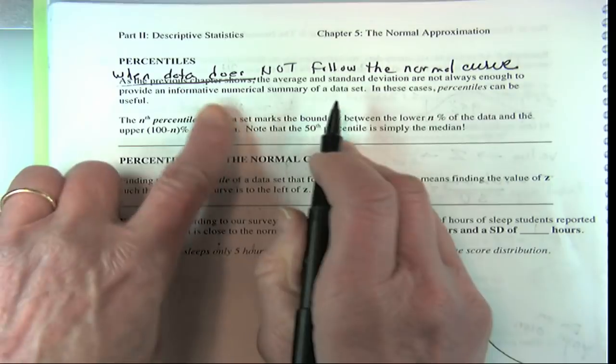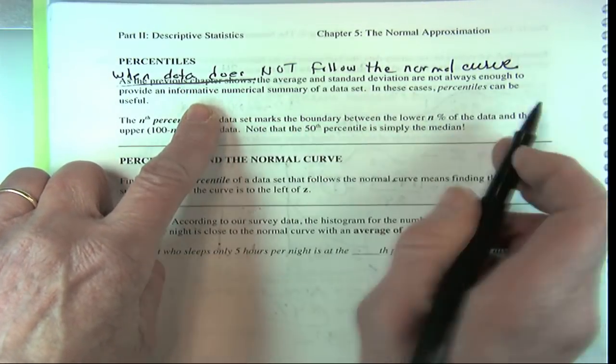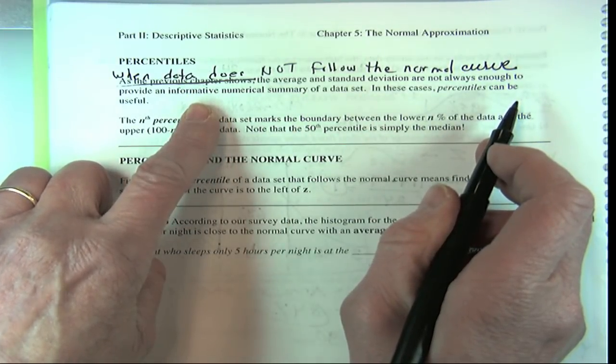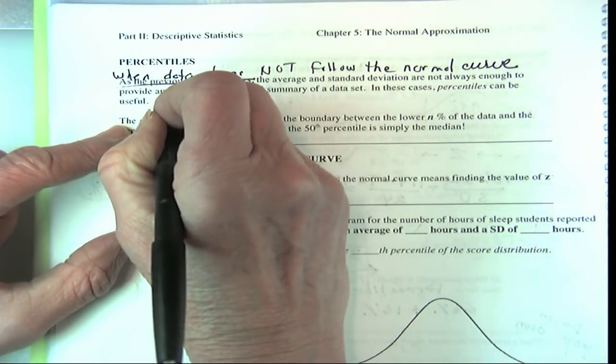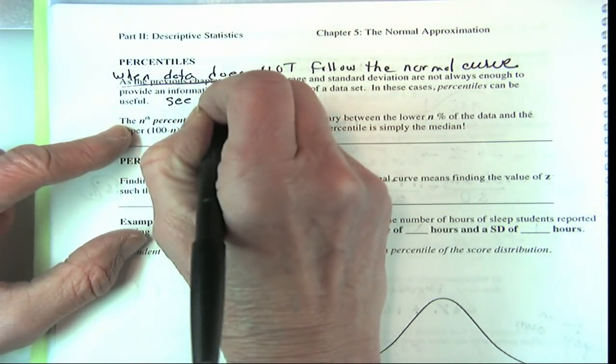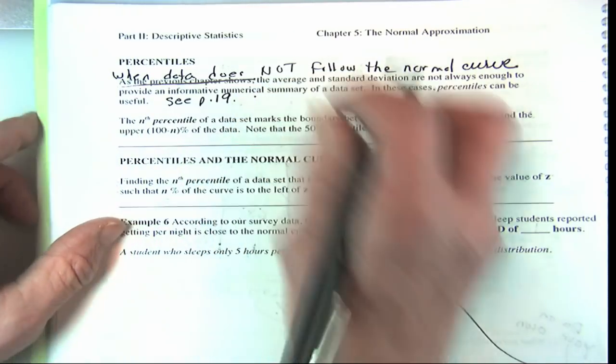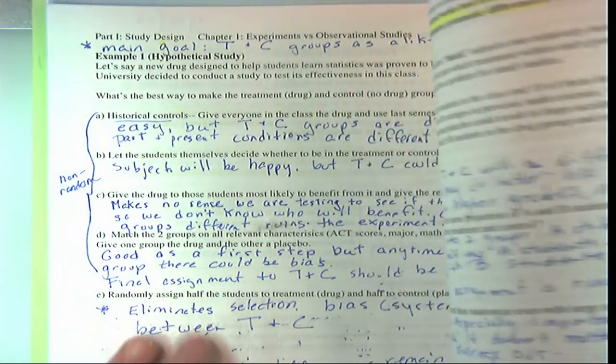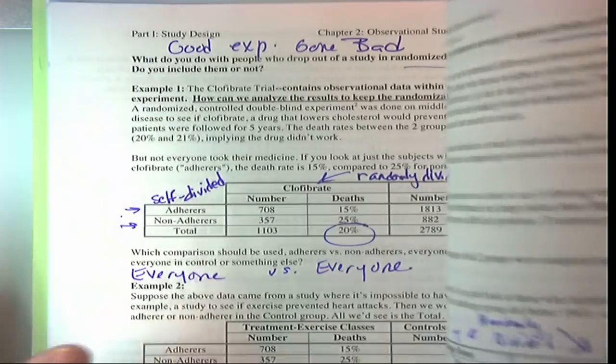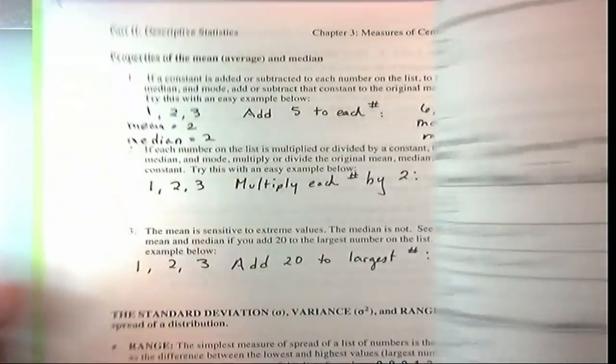And so we would have to give you more information. So let me show you. Let's look at, for example, page 19. When it doesn't follow the normal curve, these percentiles are often very useful.